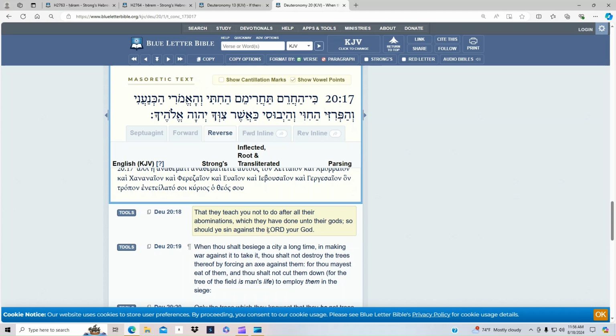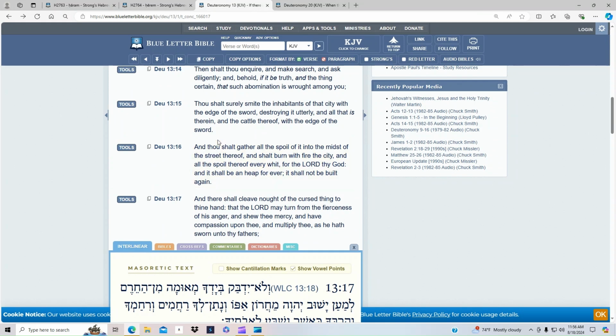So this is why a lot of this had to ultimately happen. You look at things like Elijah, the temples of Baal had to be destroyed because the people's hearts were playing harlot with God, and they kept coming back and back and back to the abominations that were against the Lord thy God. So let's go to Deuteronomy 13, verse 15.